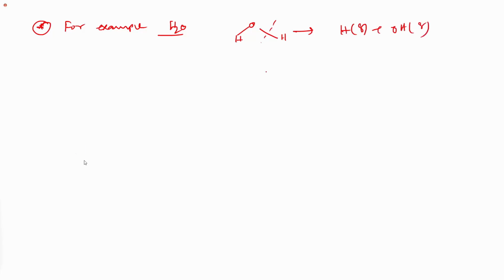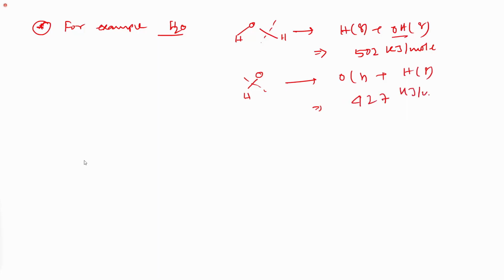To break this bond, we need 502 kilojoule per mole. Now, again, another bond is that one. To break this bond, the required energy is 427 kilojoule per mole. So if you see those two values, there is a huge change.